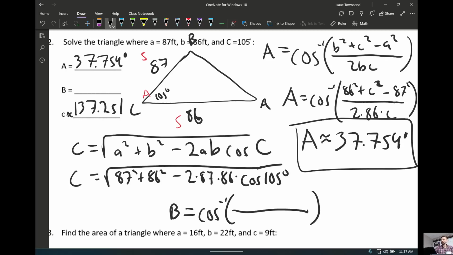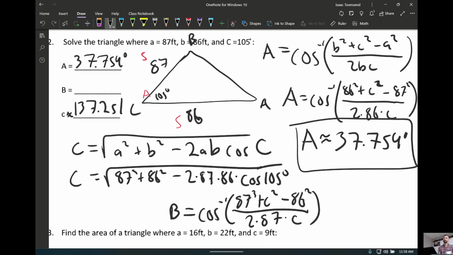If I'm solving for B, I should need an A squared plus a C squared minus B squared over 2AC.